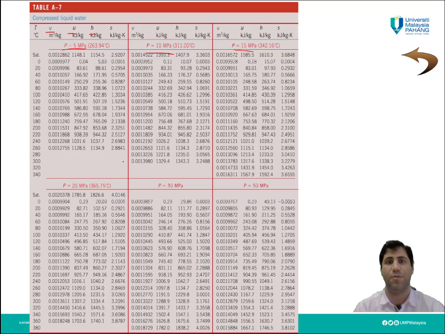The structure of the table is more or less similar to what we had for the superheated region. So for different pressures, we have these properties. This is one method by which we can come to this table and find the properties for water in the compressed liquid region.